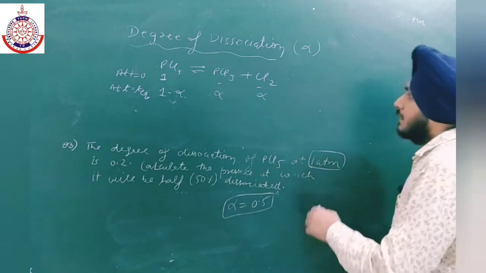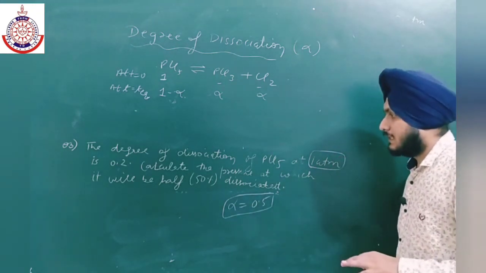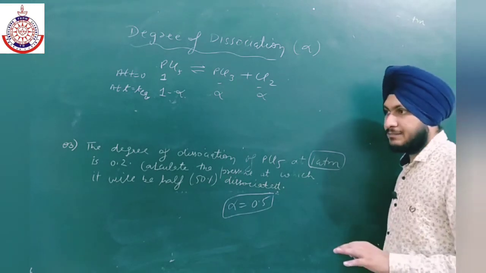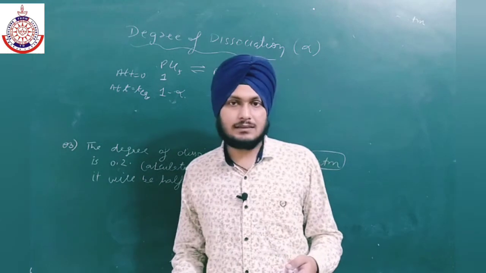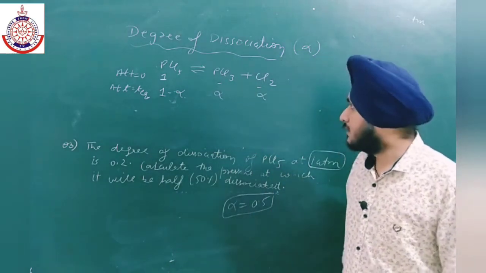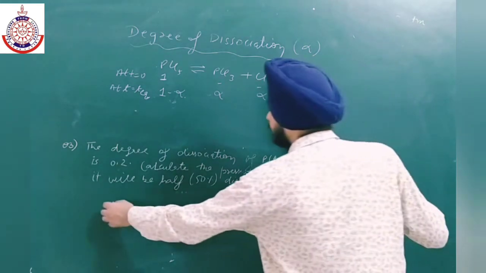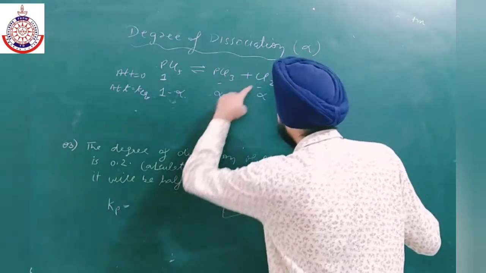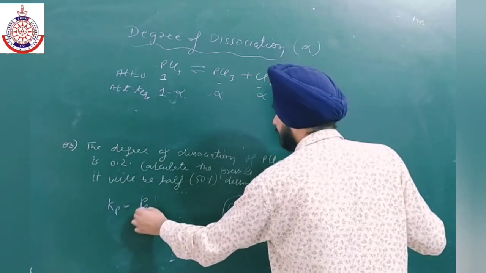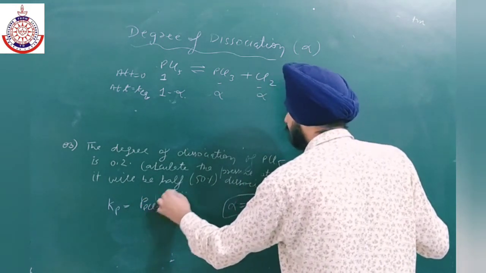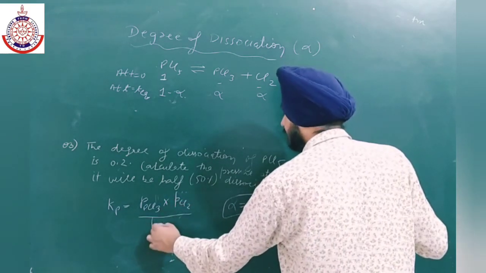Now we have to calculate the Kp value first, and with the help of Kp we can calculate the total pressure again. So how to calculate Kp? The formula for Kp is pressure of PCl3 into pressure of Cl2 divided by pressure of PCl5.